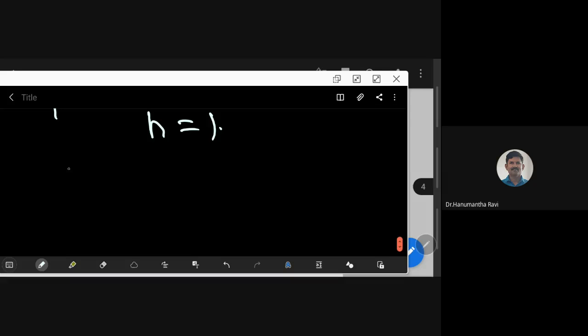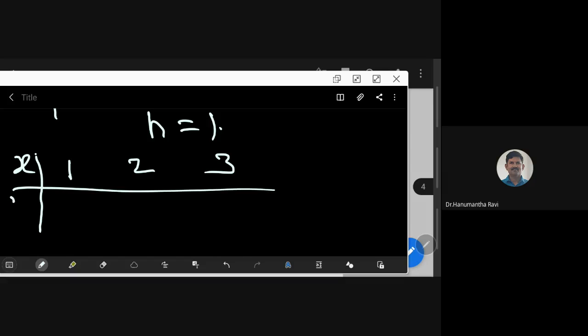We are starting from 1, then 2, then 3. That's all. So these are your x values. Then y is 1 by x. So 1 by 1, 1 by 2, 1 by 3. So this is your x0, x1, x2.